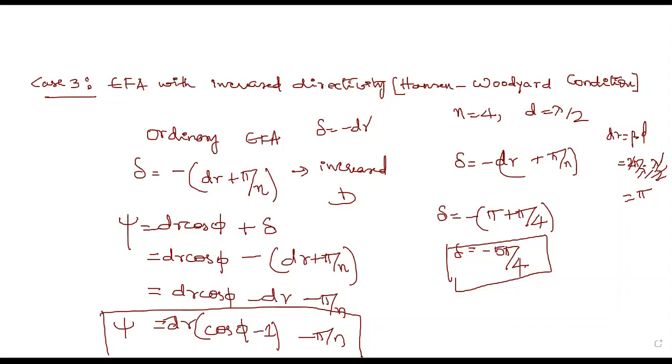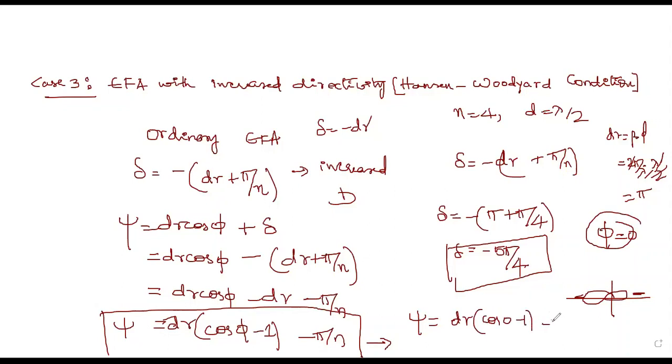If you consider the xi equation, we know peaks will be obtained for phi equal to 0, because for an end fire array the value is maximum for 0 or 180. So if I consider 0, your xi value changes to dr cos 0 minus 1, minus pi by n.